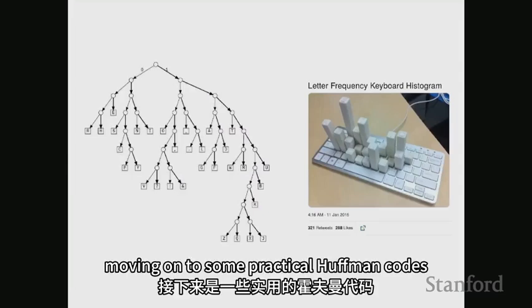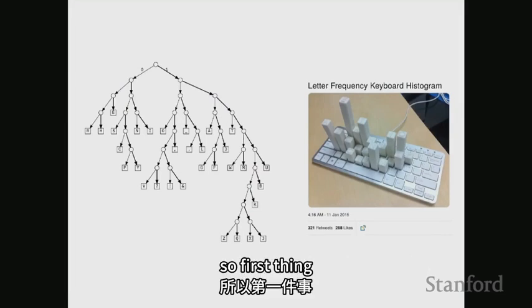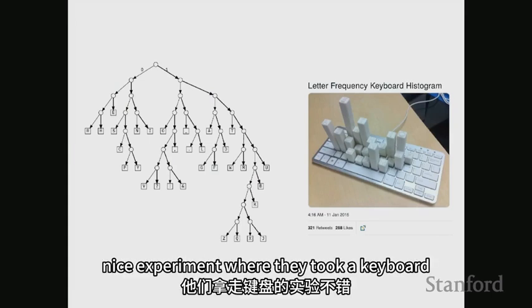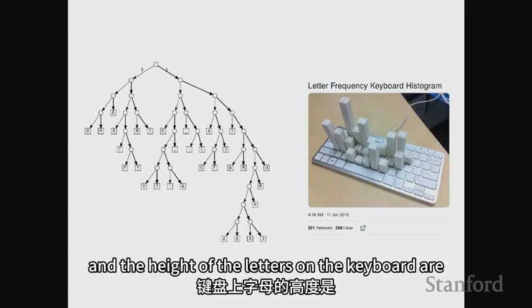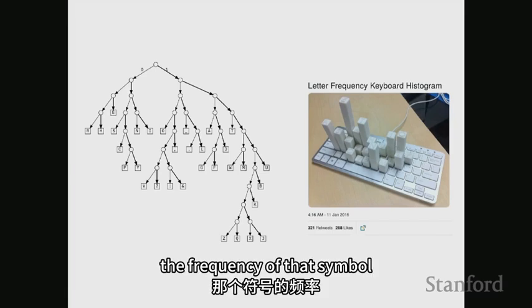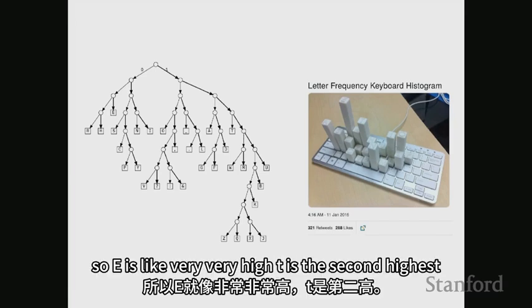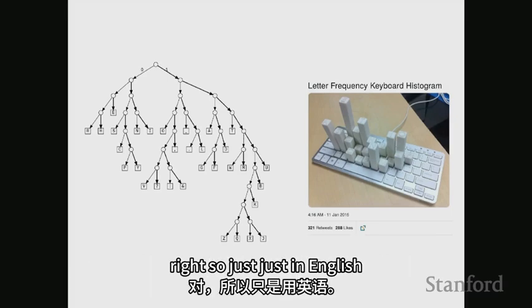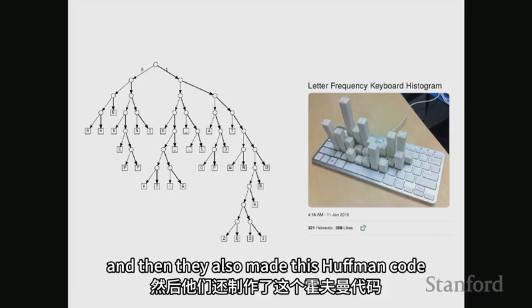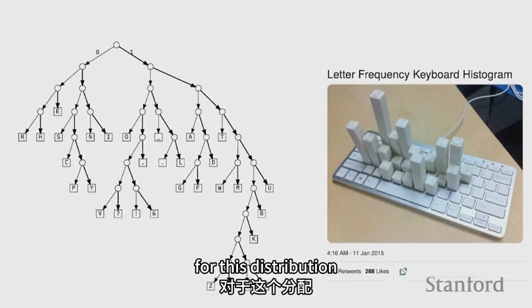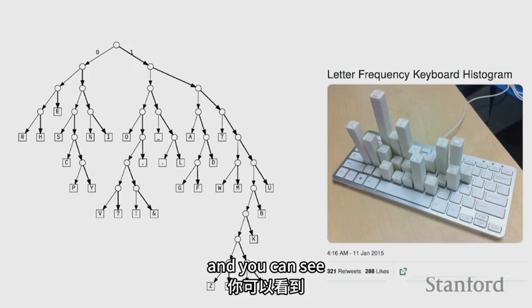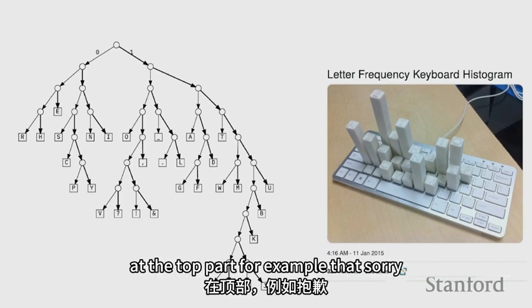Moving on to some practical Huffman codes. First thing, somebody did a nice experiment where they took a keyboard and the height of the letters on the keyboard is the frequency of that symbol. So E is very, very high, T is the second highest, A is the third highest, right? So just in English. And then they also made this Huffman code for this distribution.